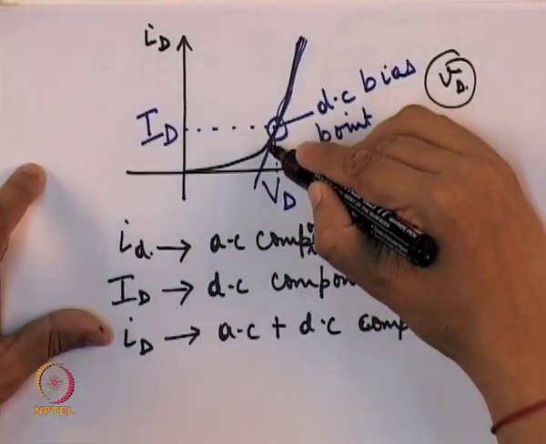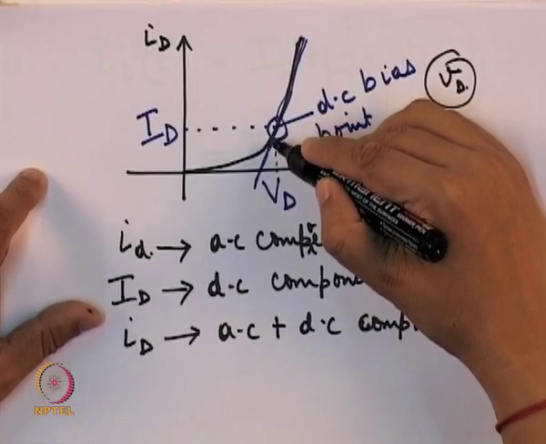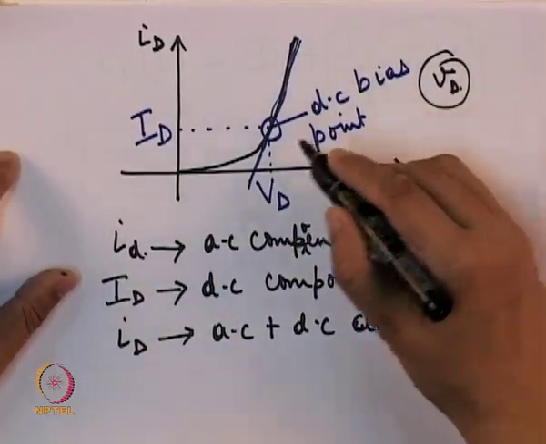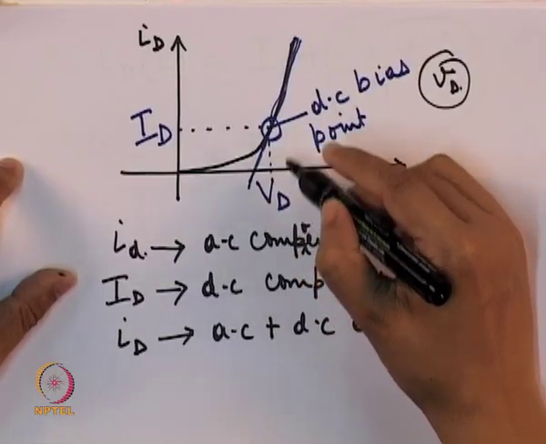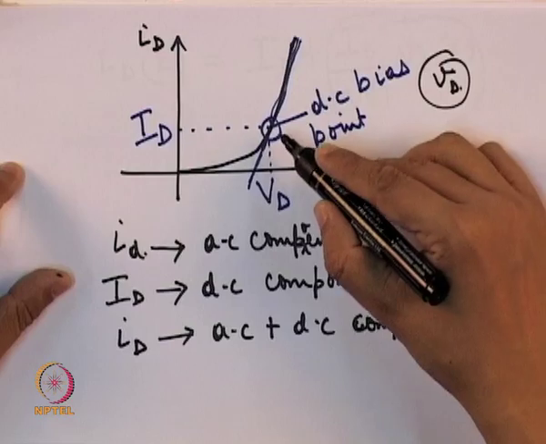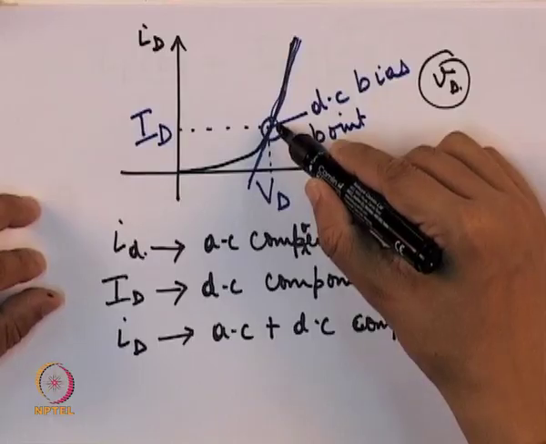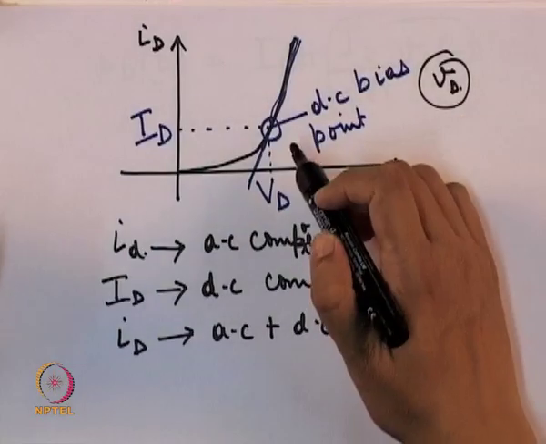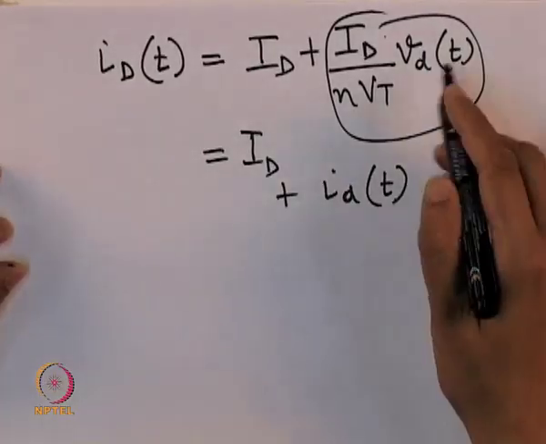Linearized it means I have developed a relationship which shows that for small variations of the AC voltage about the DC bias point capital V capital D, the small AC diode current that we will get is also linearly related to the AC voltage variation, and that is given by this relationship.